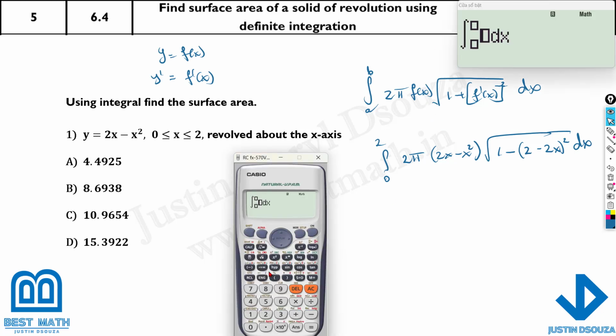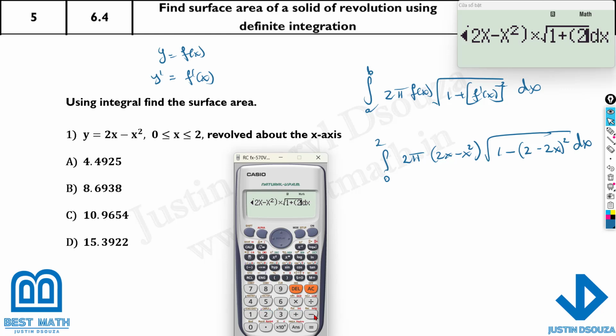Here we have to take integral 2 pi, shift and pi over here, times 2x minus x squared. Sorry, I missed that out. It's x alpha x, and then close the bracket up. Multiplied with square root of 1. It's 1 plus, not minus. It's 1 plus. Open the bracket.